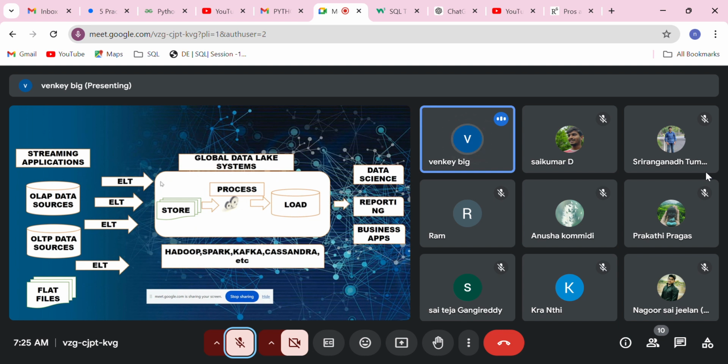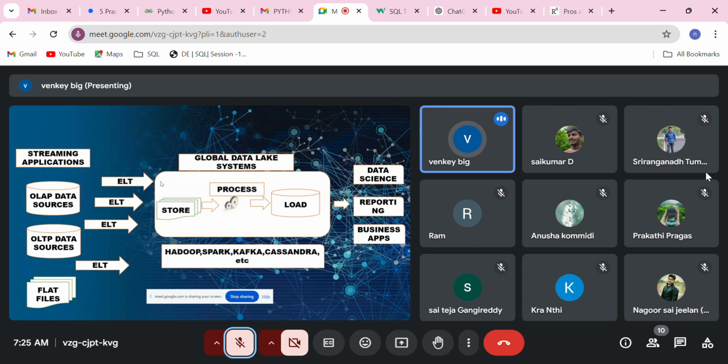Okay. So now we'll be having different source systems. We'll be having OLAP data sources, OLTP data sources, and flat files. Sometimes we'll be having streaming applications, right? So what we need to do is load our entire data from multiple different source systems to the central data lake system.